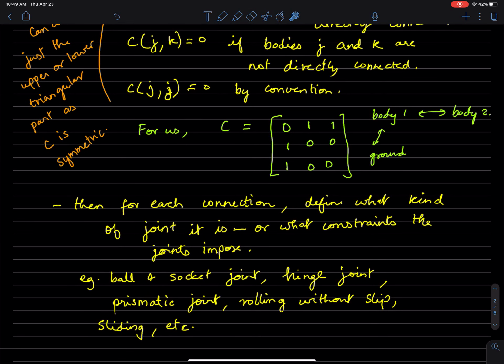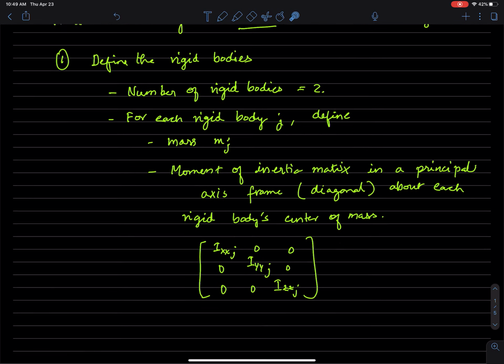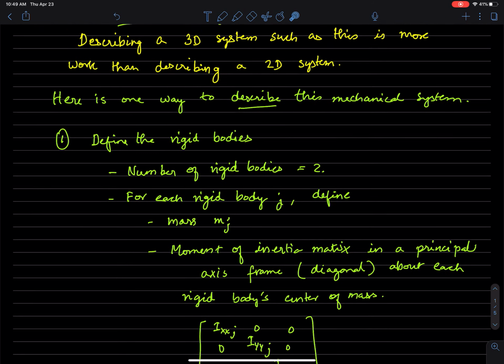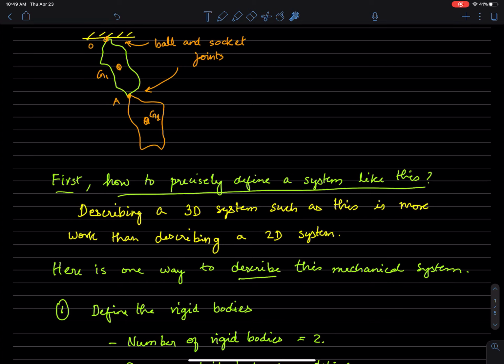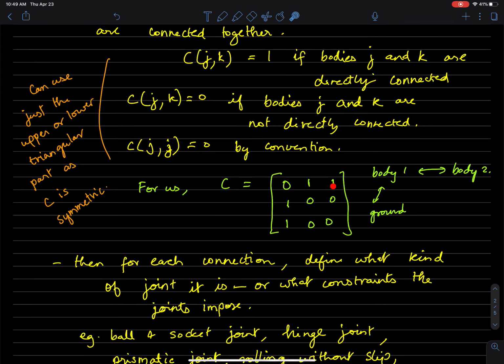In any case, for this particular system, the connectivity matrix is this. Diagonal, like we said, we're just setting 0 by convention. This is the 1 comma 2 element. It says object 1 is connected to object 2, right? This is the 1 comma 3 element, which says object 1 is connected to object 3. Object 1 is just rigid body 1.